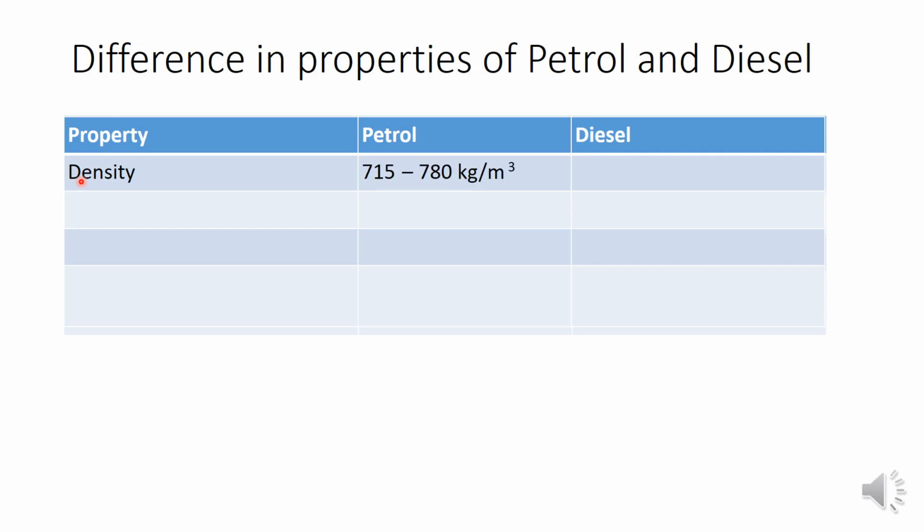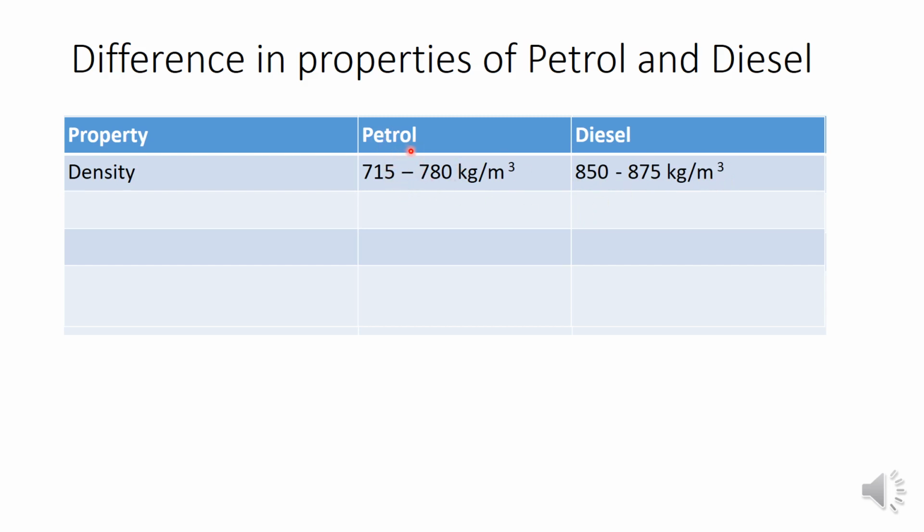The other difference in properties is density. If you compare the density of petrol and diesel, the petrol density ranges from 715 to around 718 kilogram per meter cube, whereas the density of diesel is somewhat higher. It is 850 to 875 kilogram per meter cube.